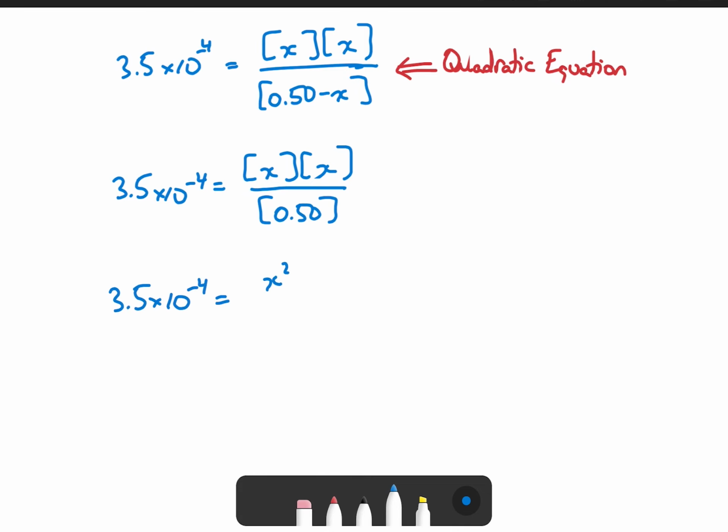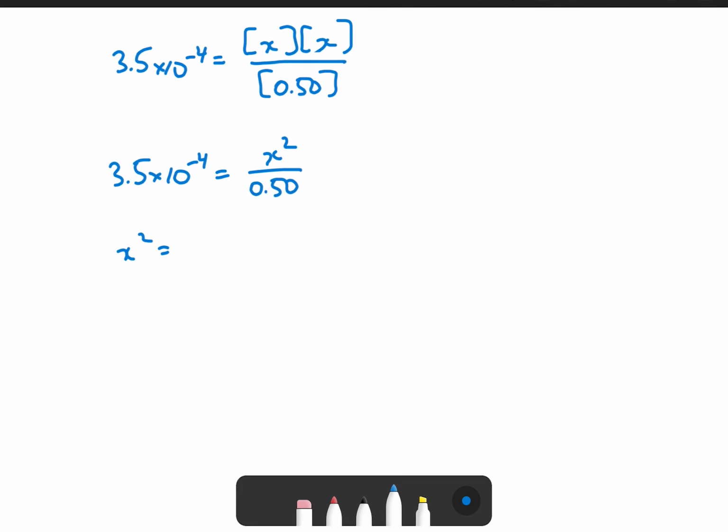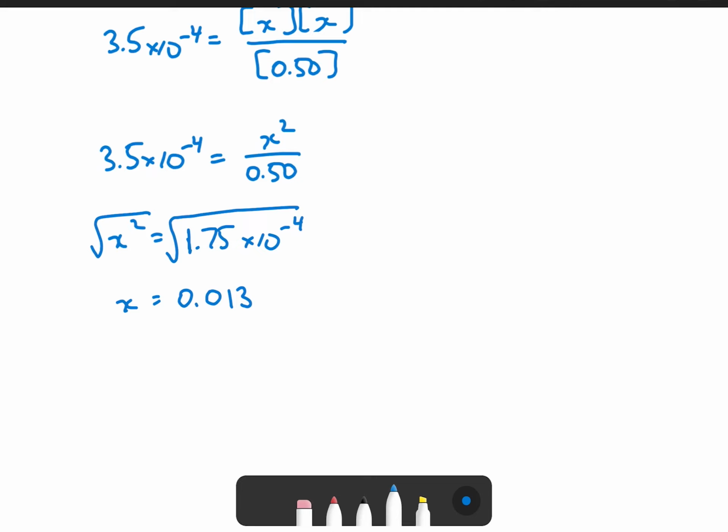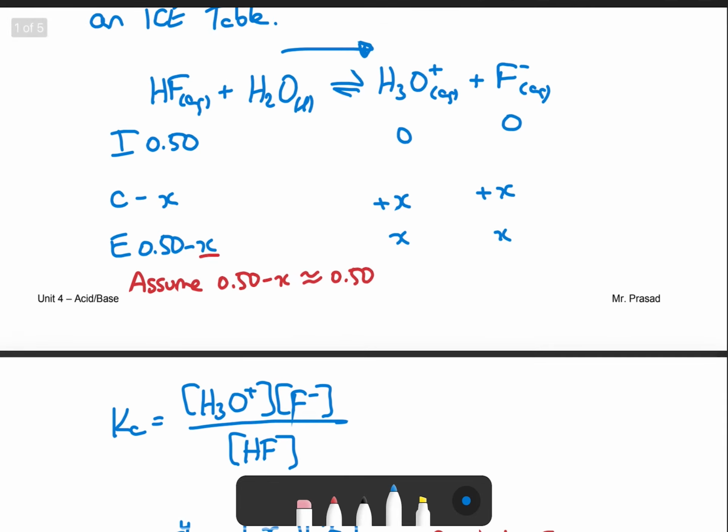So let's go ahead and solve this for X. And to 2 sig figs, I get 0.013.